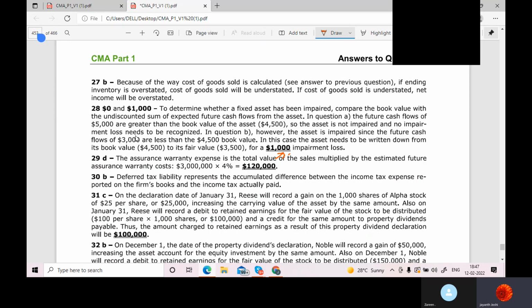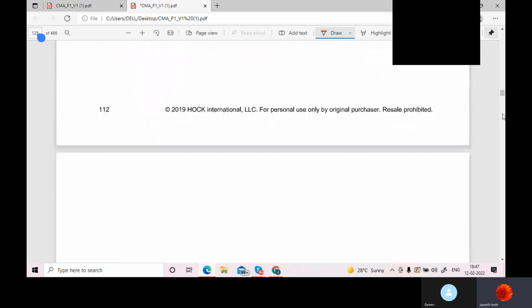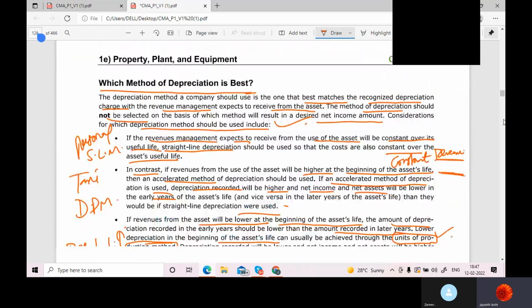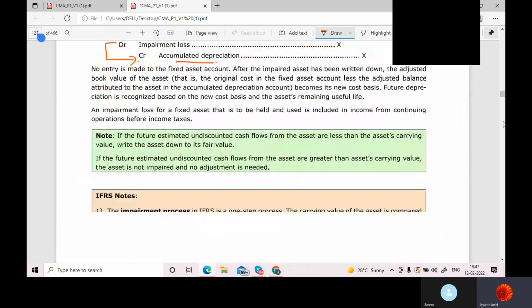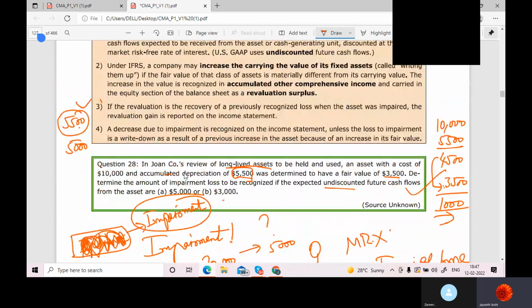So the future cash flows are 5,000, greater than the book value. What book value? They gave a fair value. What is the page number? $10,000. Okay, this is the book value. Fine.